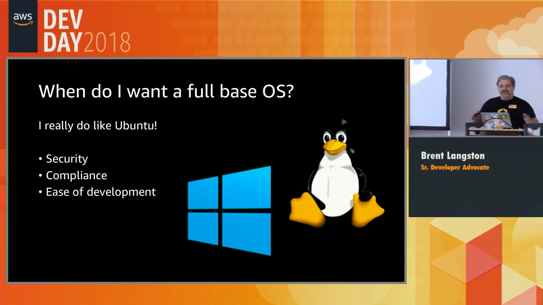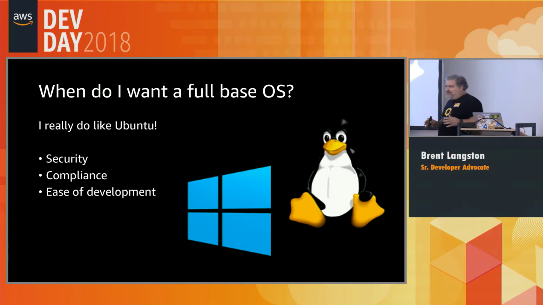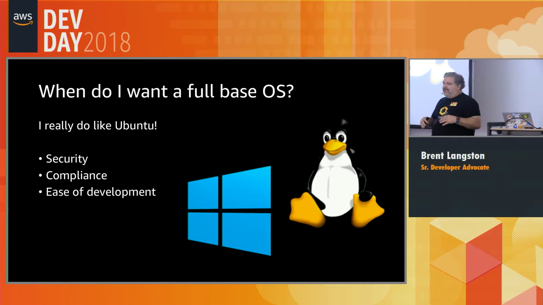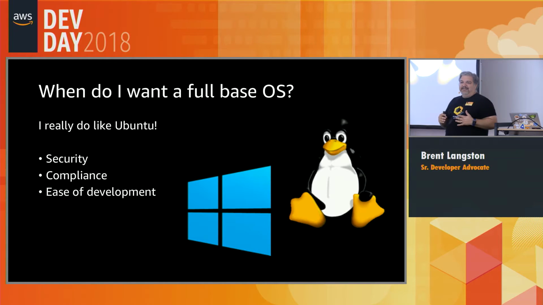Okay, when do you want a full base OS? I've had to do this once or twice, and for this I've done Ubuntu, I've done CentOS, I've done Fedora. But the reason that I needed it was to actually test running security scans that test an operating system. So the container needed an operating system in order to run all of the tests that it needs to run.